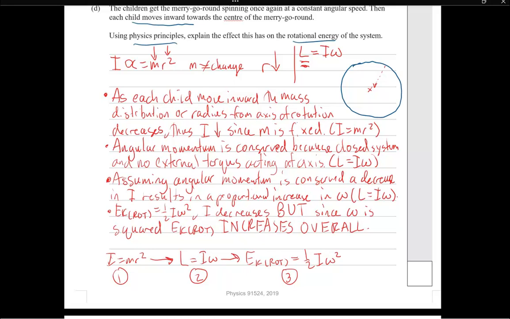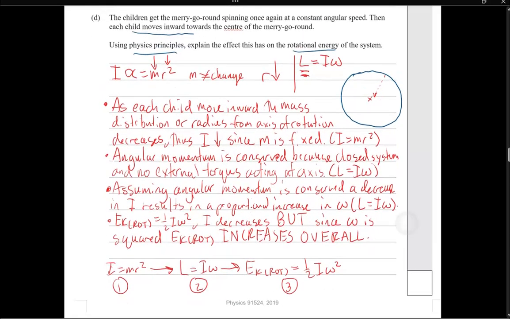Now we know that the inertia decreases, but since angular velocity is squared, the rotational kinetic energy is going to increase overall. So there's a small decrease in inertia, but that is outweighed by the overall increase in the angular velocity because it's squared. So that is the whole question.